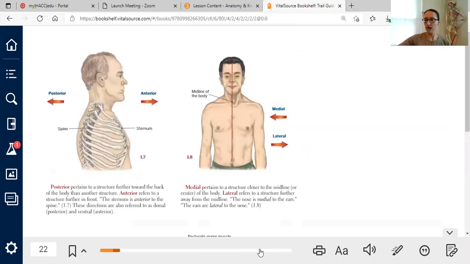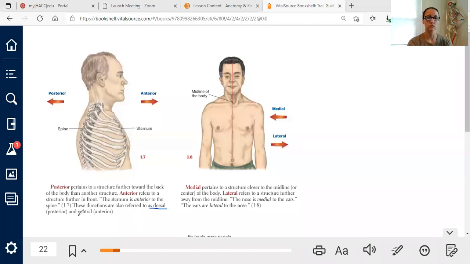So we turn the page and we have another set of opposites. We have posterior and anterior. Anterior is referring to any structure that's closer to the front of the body. Posterior refers to any structure that is closer to the back of the body. We can also use the terms ventral and dorsal.